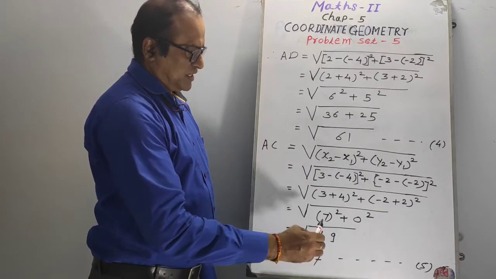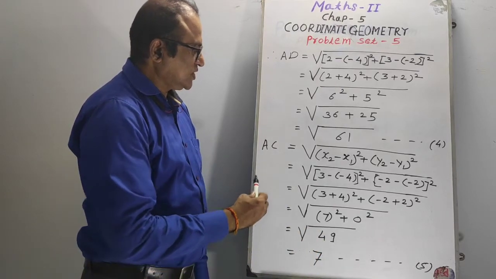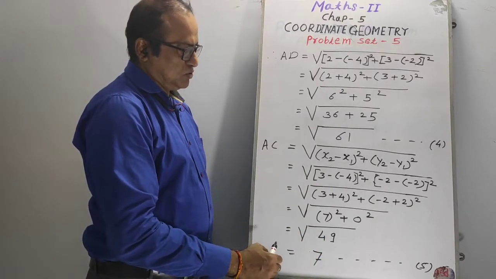Therefore the square root of 49 is 7. Therefore AC is equal to 7.